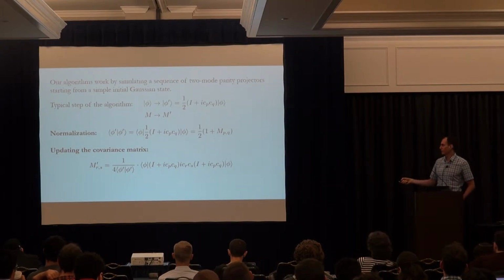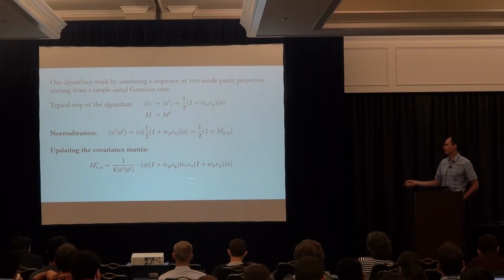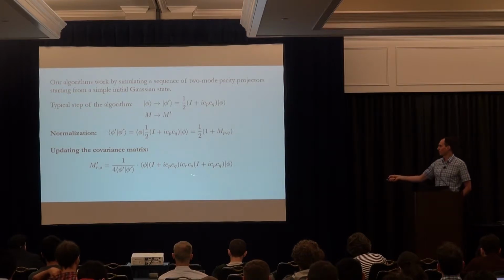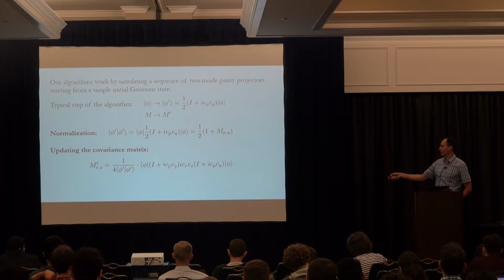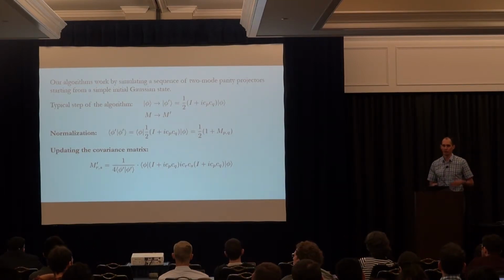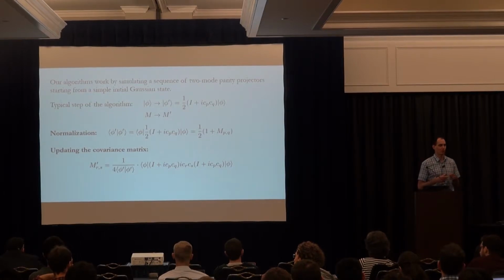To update the covariance matrix, we have to compute the expectation value of this operator on phi prime. So it means that we get the expectation value of this operator on phi, and this is a linear combination of Majorana monomials of order 2, 4, and 6.